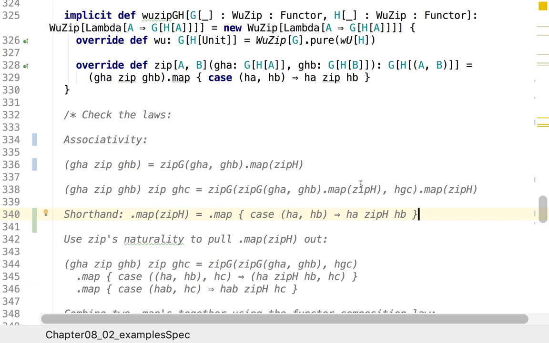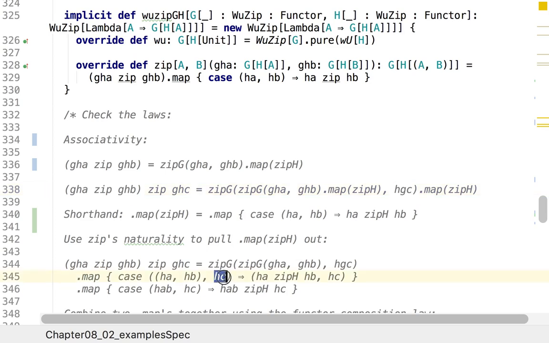So this map of zip H here, it was like this, but now we need to apply this to the result of zip, which is going to be of type G of H of A times B, G of HA times HB and HC.